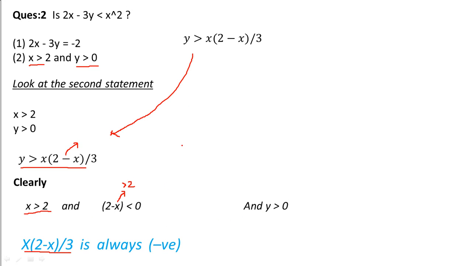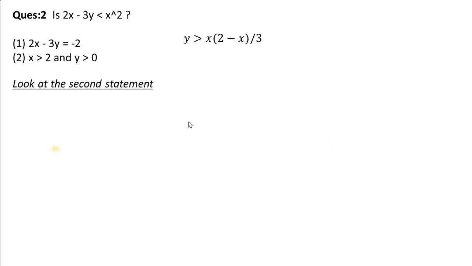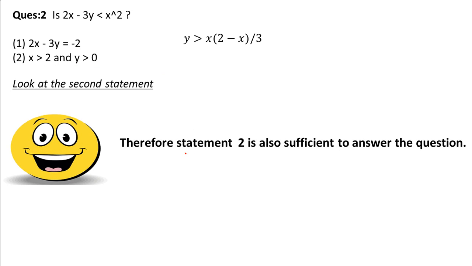So I have this expression here. This is always positive. This is positive. This is negative. So this total is negative. And here y is greater than this negative quantity because y is a positive quantity. Therefore, statement 2 alone is also sufficient.